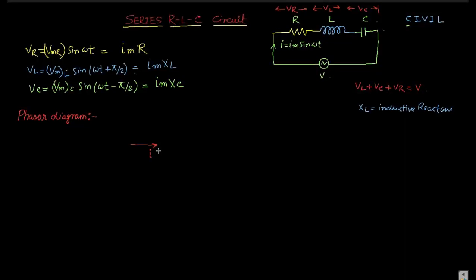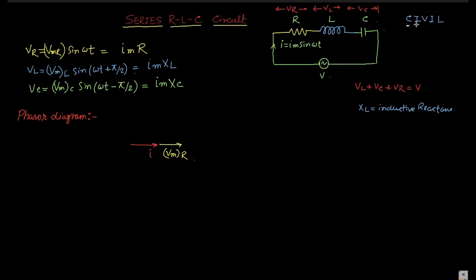If I is the reference phasor, then what is the phase of VR? It is the same phase as I, because we know that in a resistance, V and I are in the same phase. What about VL?